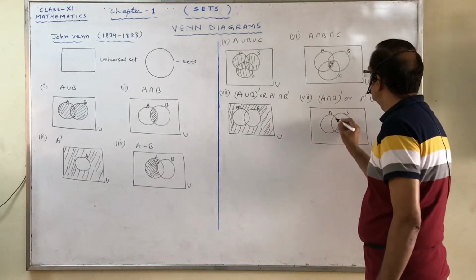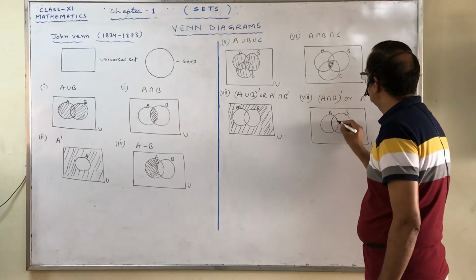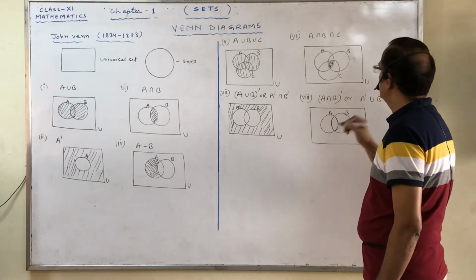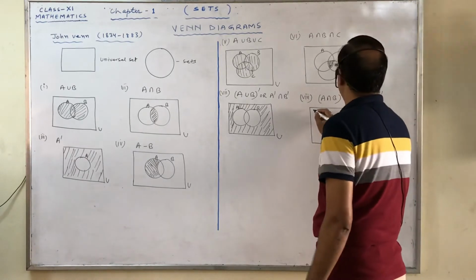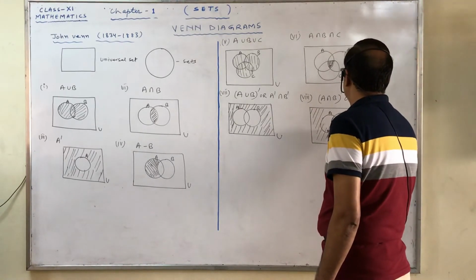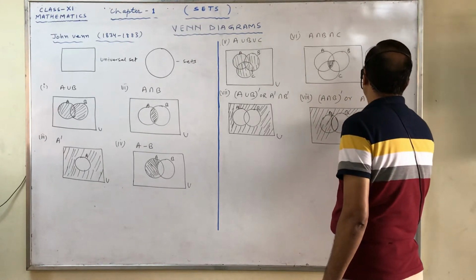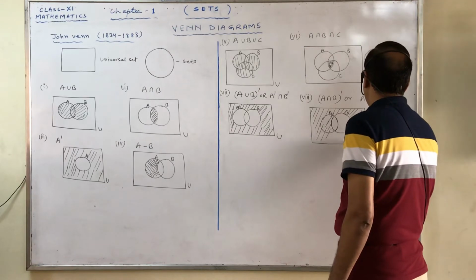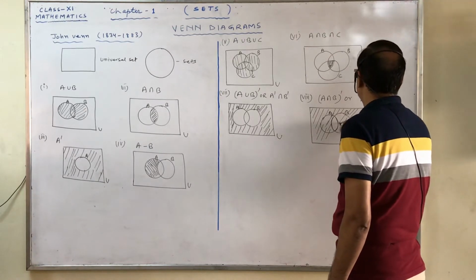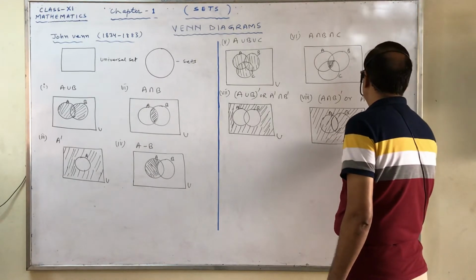So except this common portion, we have to shade the remaining portion of universal set. So this will represent A intersection B dash, or you can say A dash union B dash.